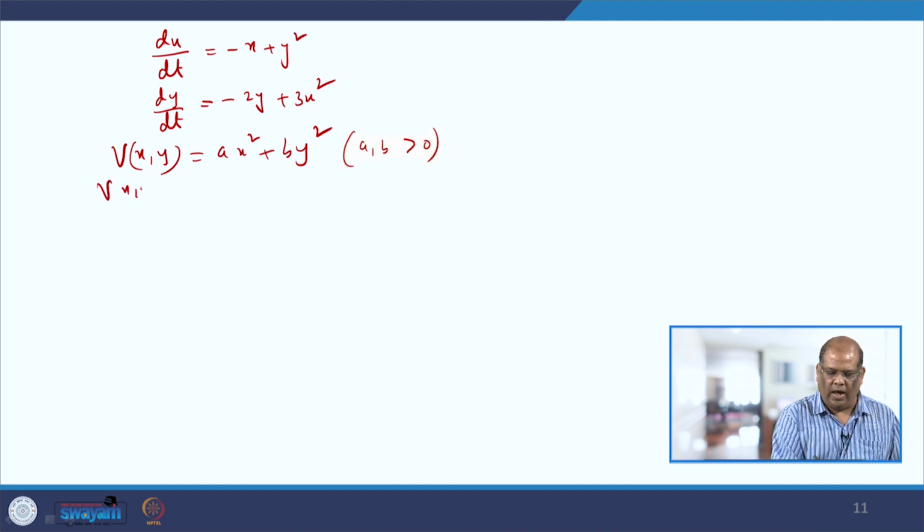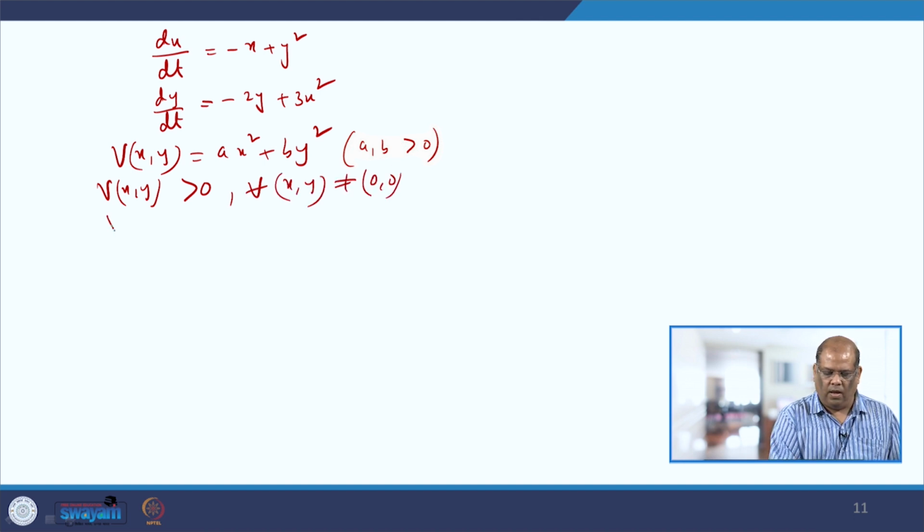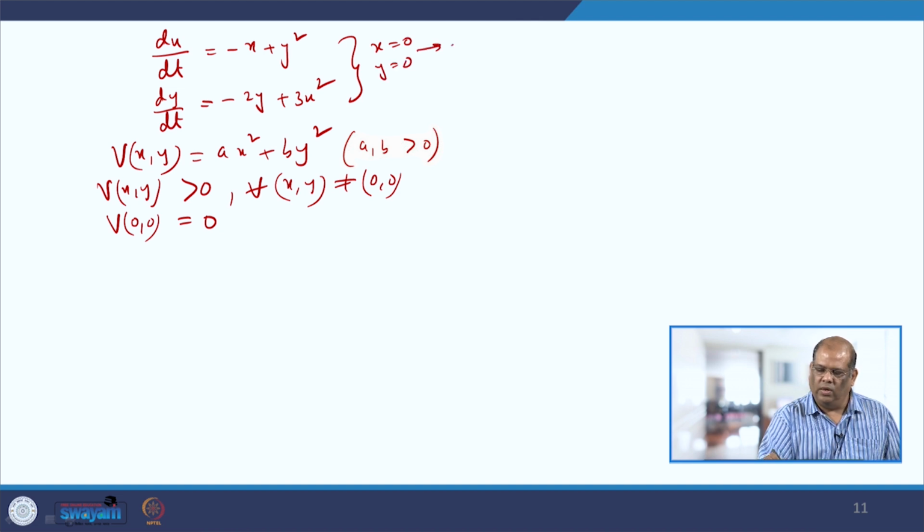Clearly, your V(x,y) is greater than 0 for all (x,y) not equal to (0,0), and at the point (0,0) the value is 0. Clearly, here also x equal to 0, y equal to 0 is your steady state solution, or equilibrium solution, because this satisfies this equation.